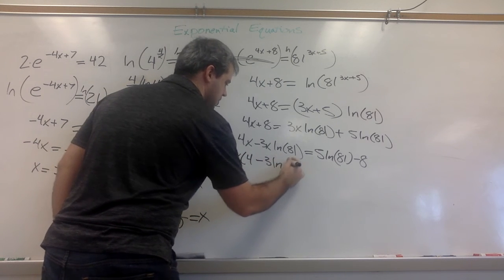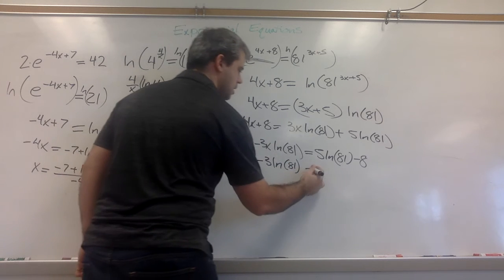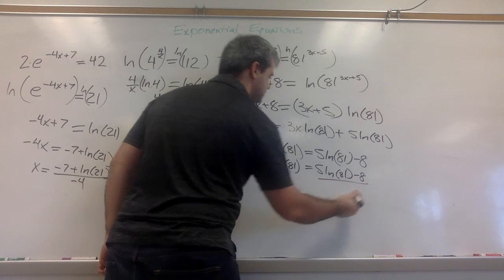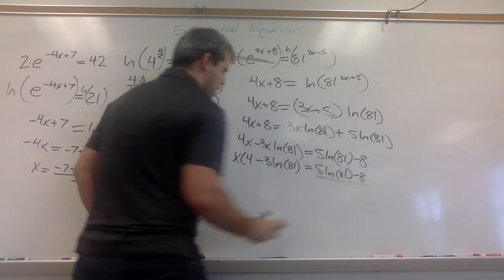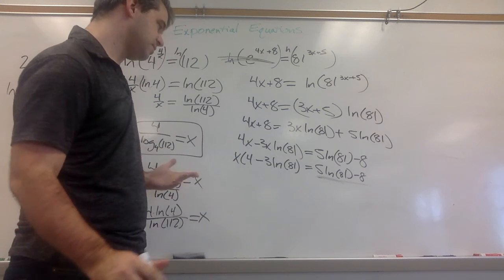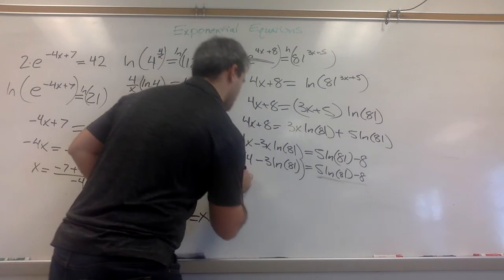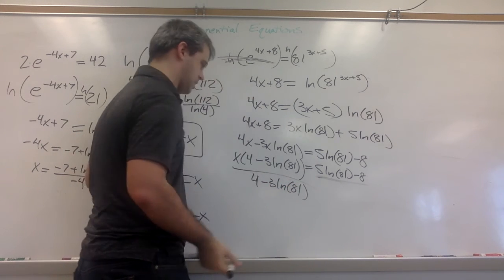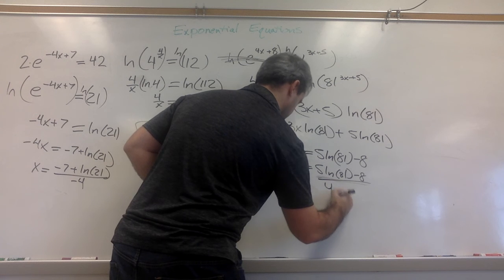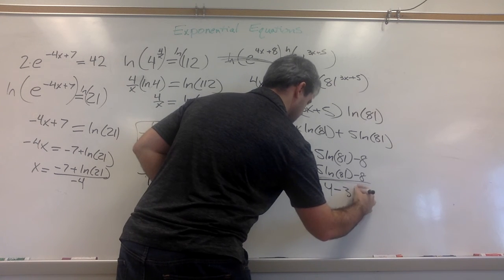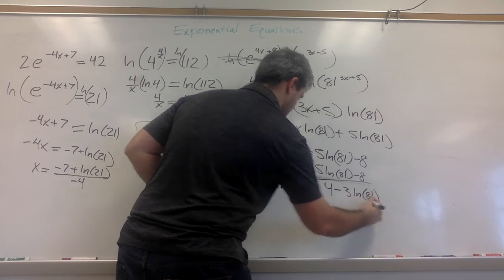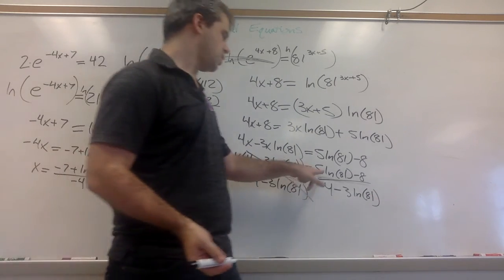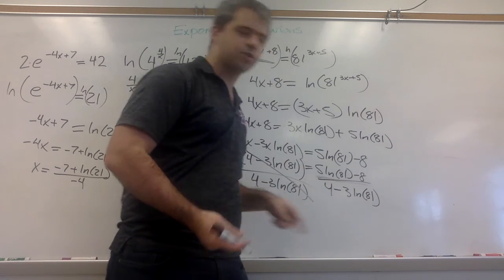Minus natural log of 81. Oops, not yet. So how do I get the x by itself? I just divide by this nasty thing right here. This cancels out. So now my x equals this quotient right here.